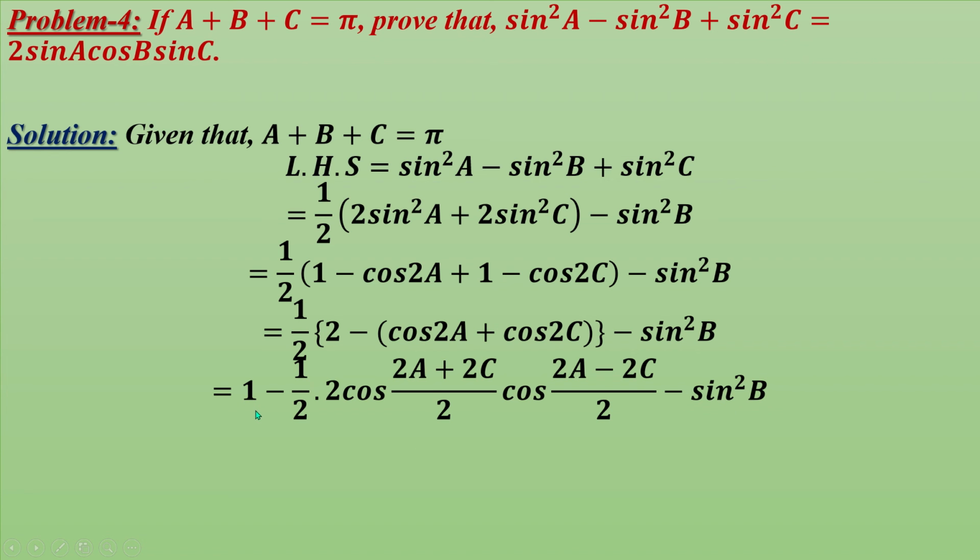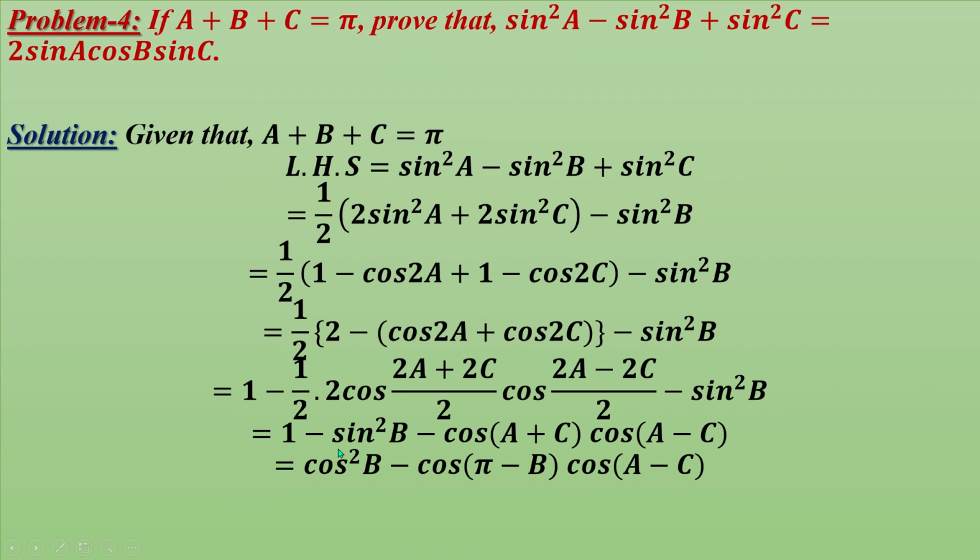Now this and this make a formula, 1 minus sin square B. So at first write 1 minus sin square B, and here half into 2, that means only 1. And here will be cos (A plus C), because here 2 is common, so 2 cut will be only A plus C, and here A minus C. But A plus C means pi minus B. Here cos square B minus cos (pi minus B) into cos (A minus C).